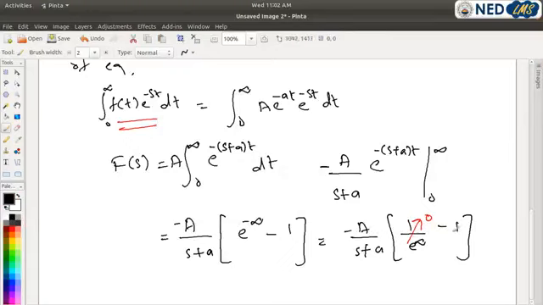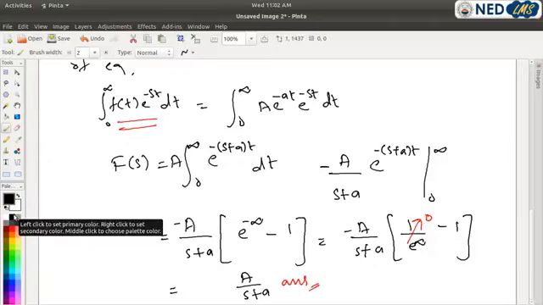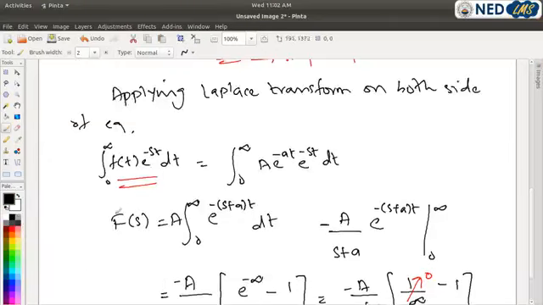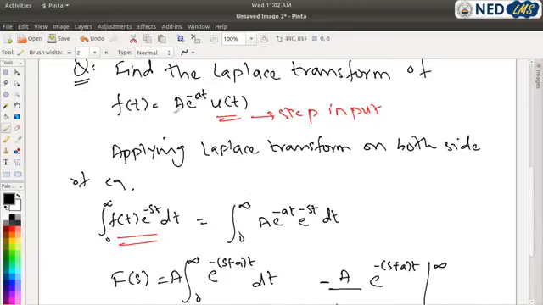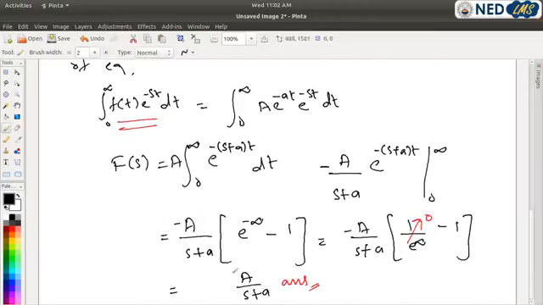Multiplying it with this term, the answer will be a over s plus a. So the Laplace transform of the given function is a over s plus a.